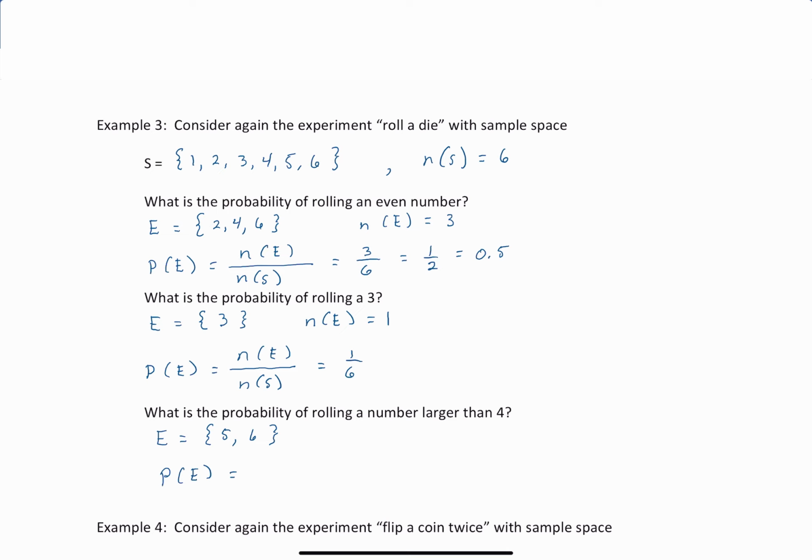But let's use our formula for that to practice with it. It's going to be the number of outcomes in event E divided by the number of outcomes in the sample space. And of course, the number of outcomes in this event is 2. So we get the 2/6 that agrees with our intuition. And of course, we'll simplify that to 1/3. And as always, if you prefer to write this as a decimal, you can do that.